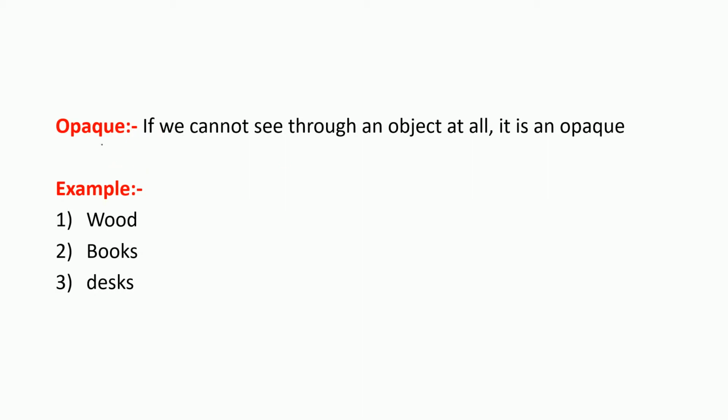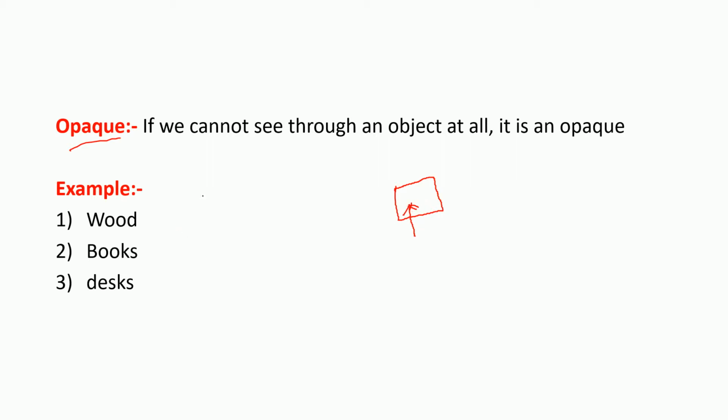Coming to opaque bodies. Opaque bodies are those through which we cannot see at all. Let us take an example, like a wooden box. If we want to see the other side, we can't see through the wood.